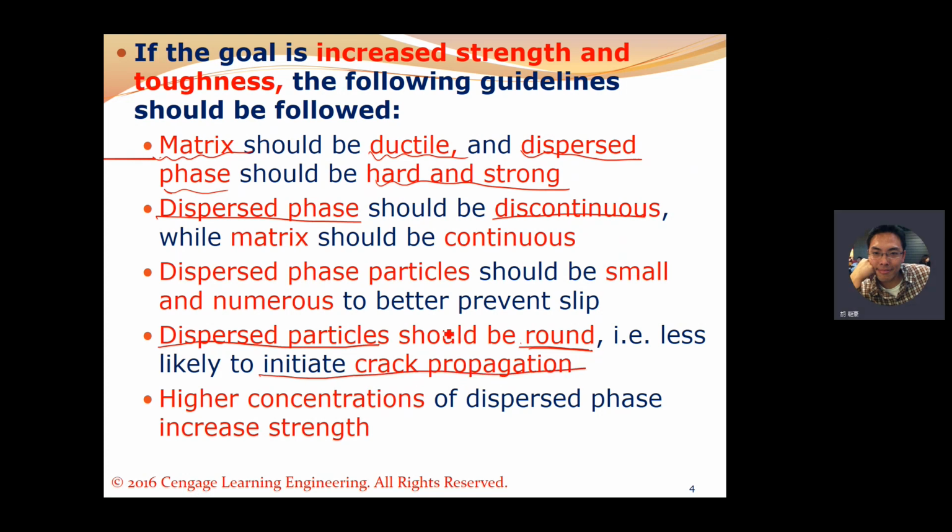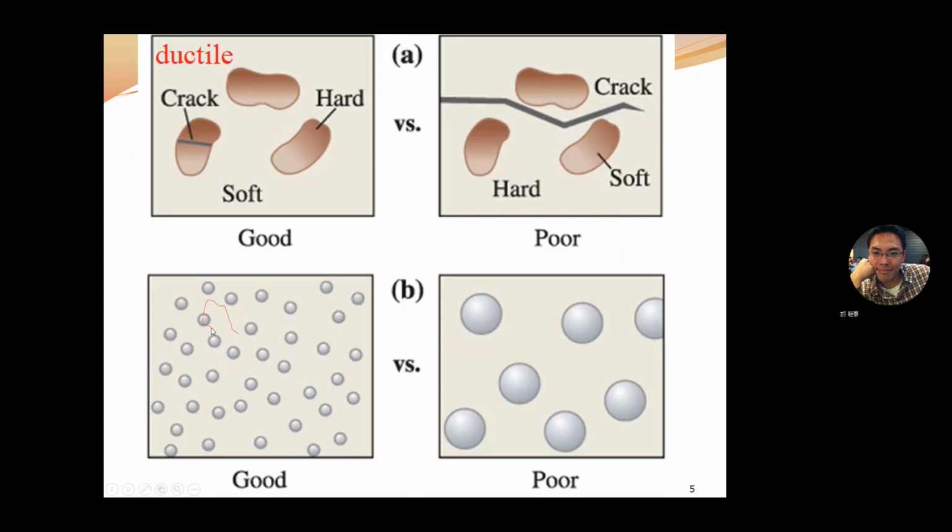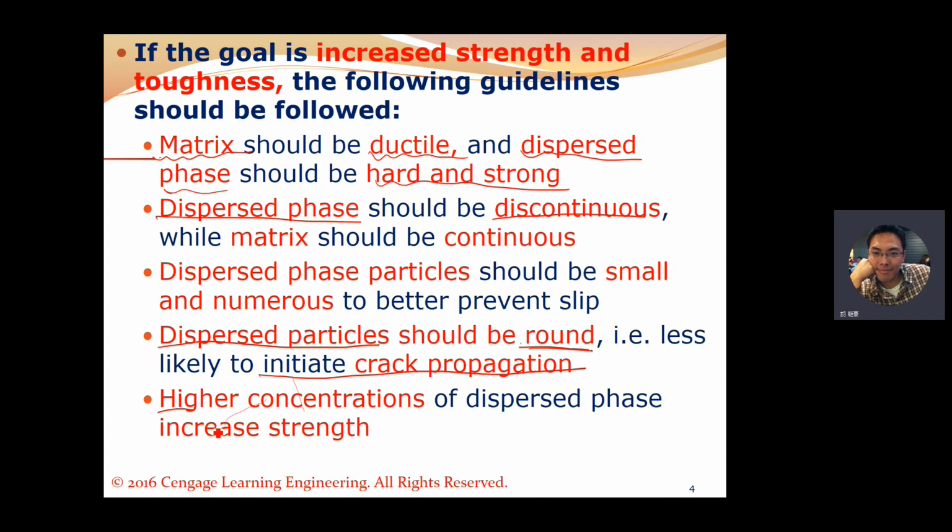If the dispersed particles are not rounded, with a different shape like spikes or tendrils, those shapes will initiate crack propagation. And usually a higher concentration of the dispersed phase increases the mechanical strength.